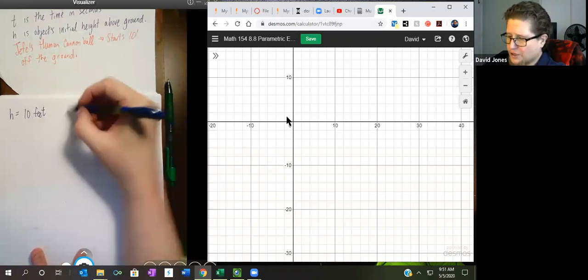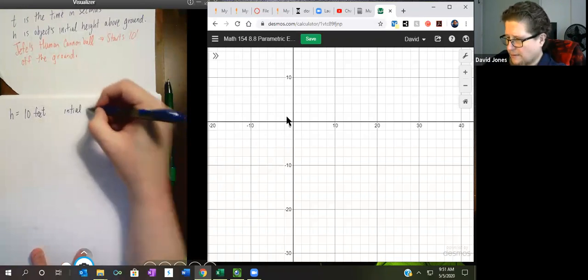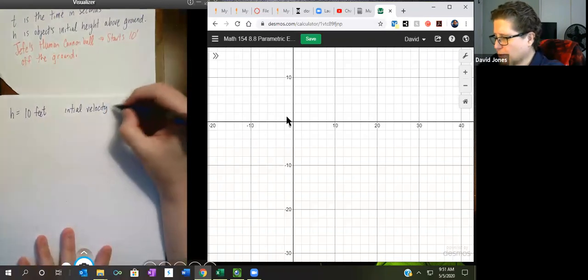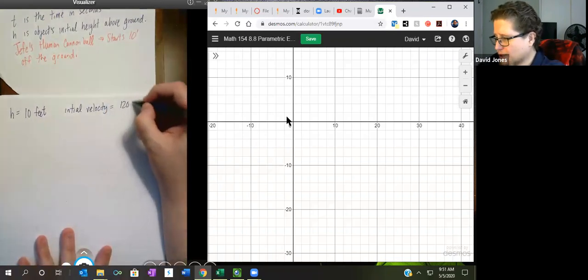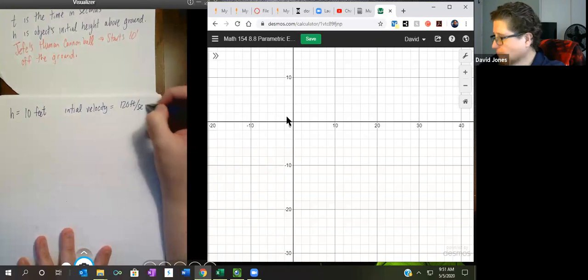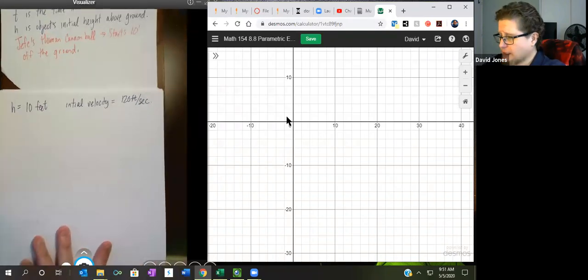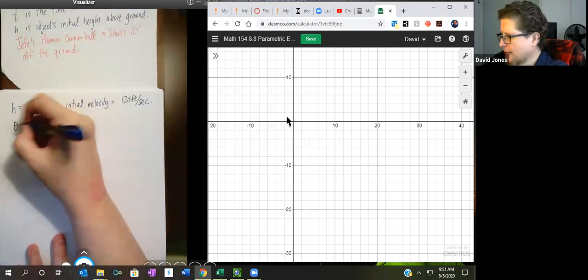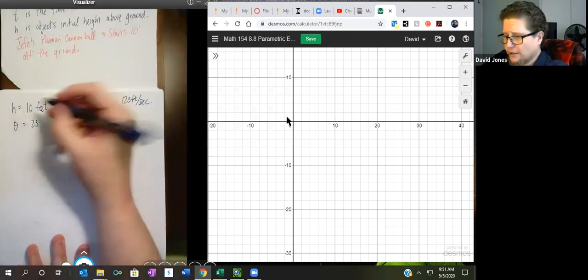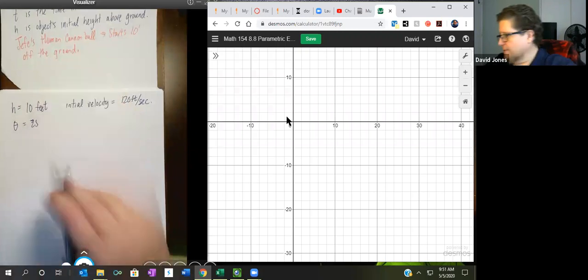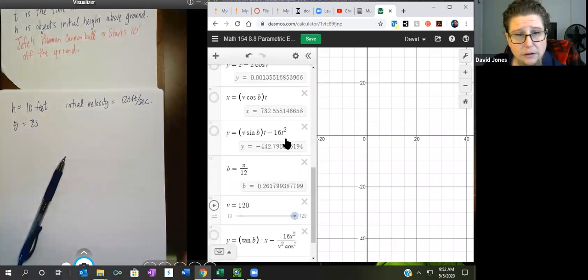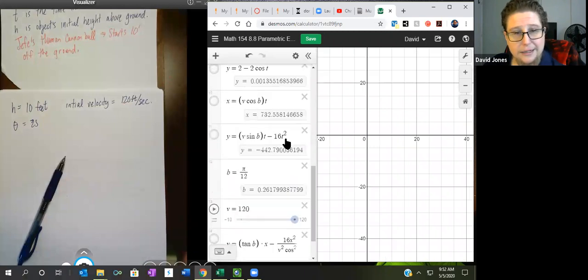Let's say my initial velocity. Ooh, I'm flying pretty quick. Let's say 120 feet per second. And let's look at angles. Theta equals 20. No, let's do, what did I do in DESMOS? Well, I had the option of putting whatever I want in DESMOS.